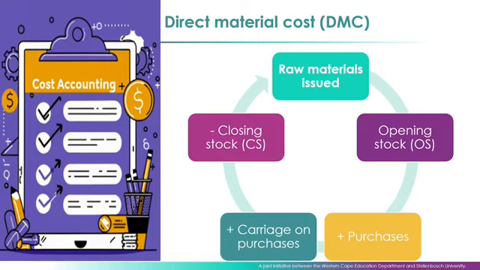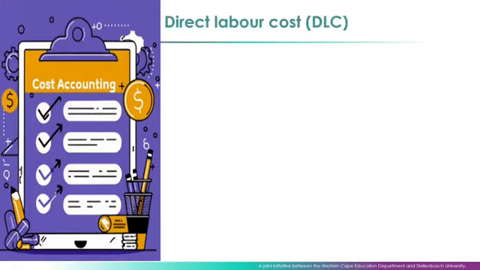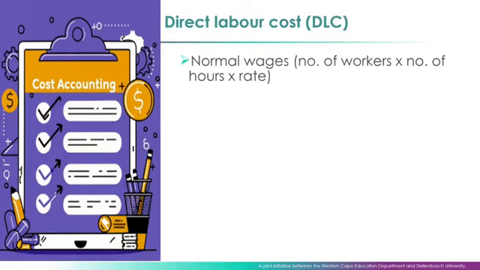We're going to say opening stock, which is OS, and we're specifically talking about opening stock of raw materials, plus purchases of raw materials, plus carriage on purchases of raw materials. It will include import duties and customs duties, and then we will subtract the closing stock of raw materials.